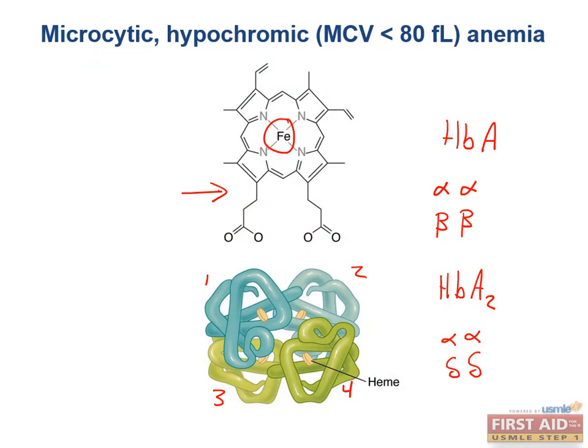Lastly, there is normally a small component of hemoglobin A1C. Do you recall what makes hemoglobin A1C? This is basically a normal hemoglobin A that has had a glucose added in a process that happens naturally without an enzyme. This process is called a non-enzymatic glycosylation. If you have a normal amount of glucose in your blood, then you will have a normal amount of A1C.